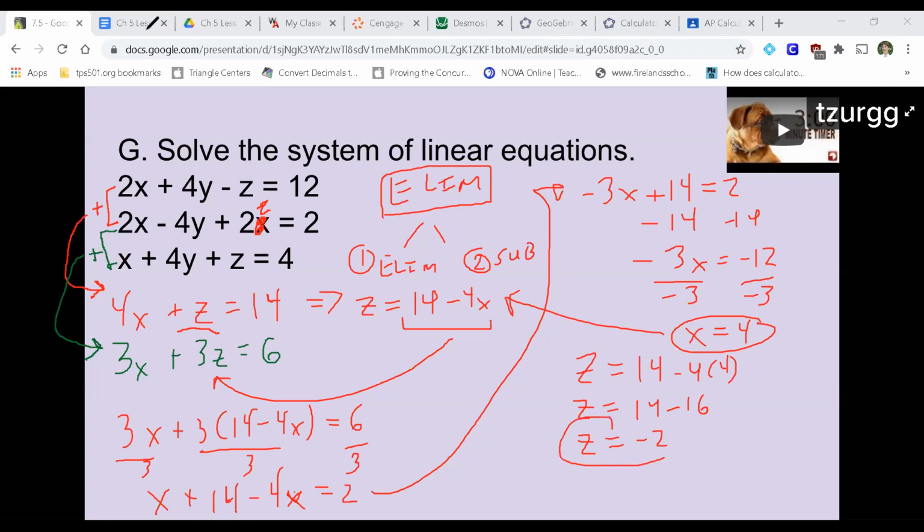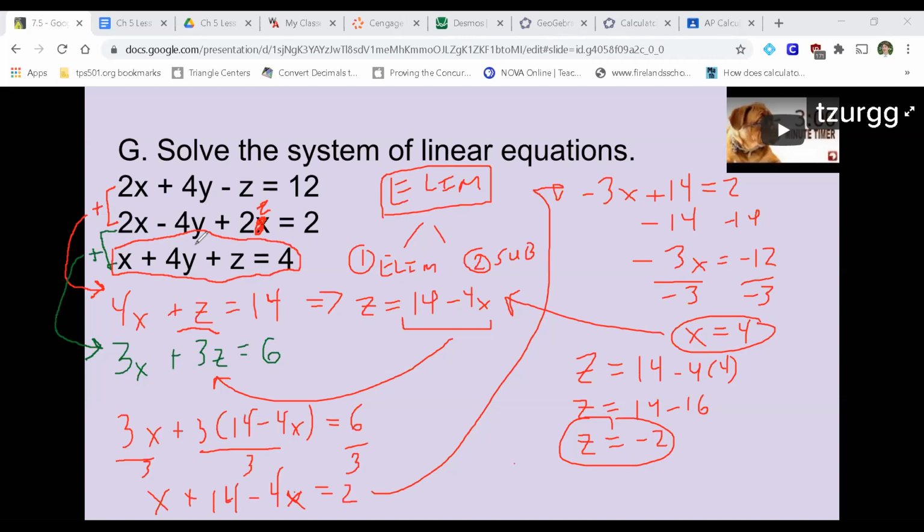All right, and now that you know what Z and X is, you can take both of them and plug it back into any one of these original equations to get Y. I think I'm going to do this third equation, actually. That looks like the simplest equation.